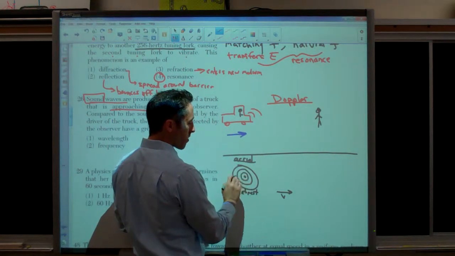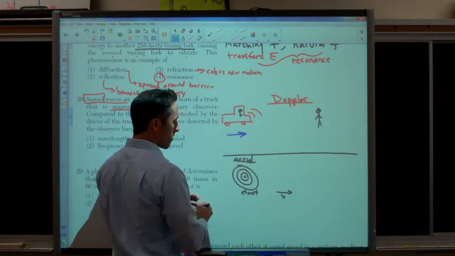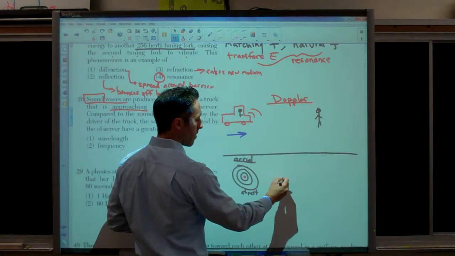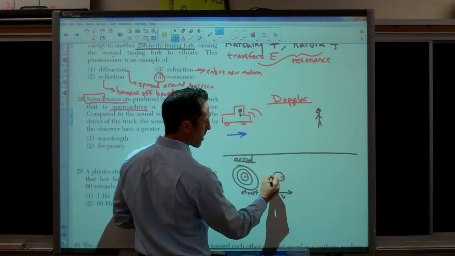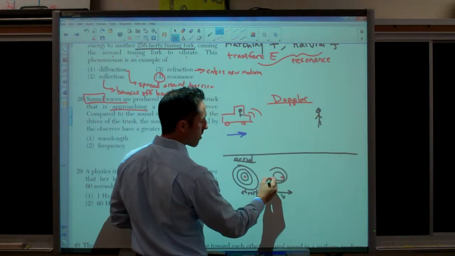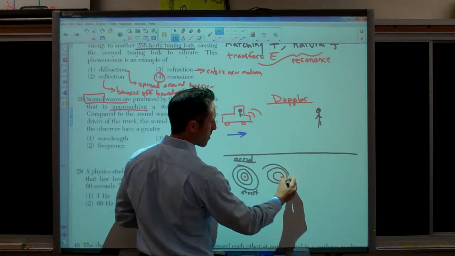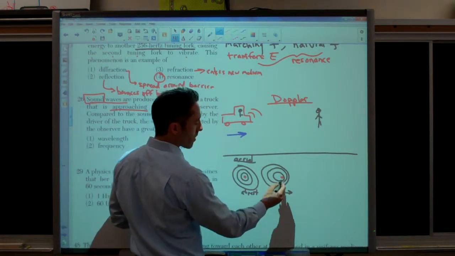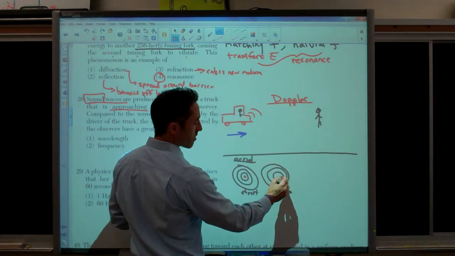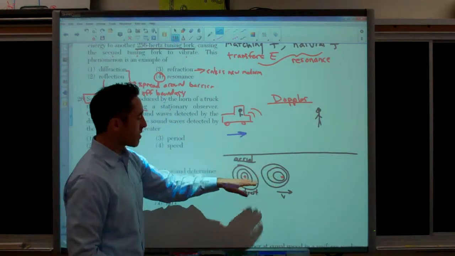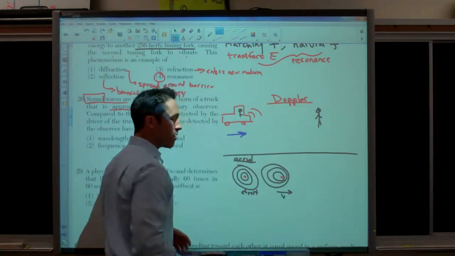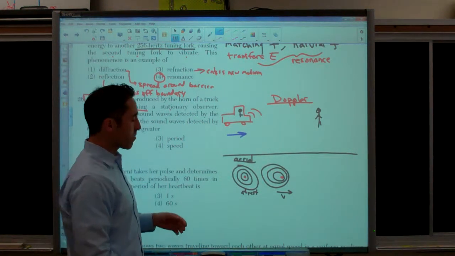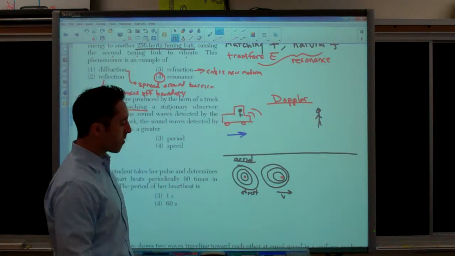So it's as if the source is chasing the waves. So we'll put our source here now, and the waves instead will take on a bit of a deformed shape, a bit more like this, where the waves appear compressed in front of the truck and stretched behind the truck. And so this picture alone tells you which way the truck is moving. This picture alone tells you the truck is heading off to the right.